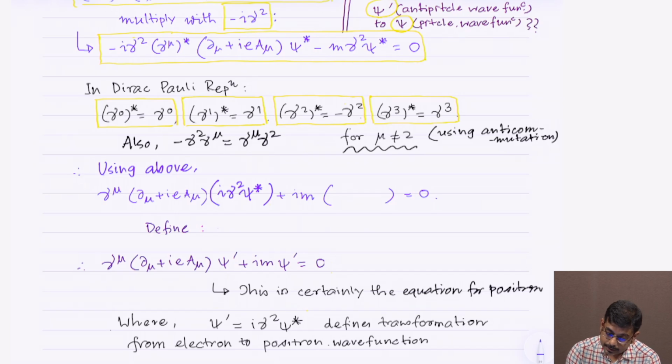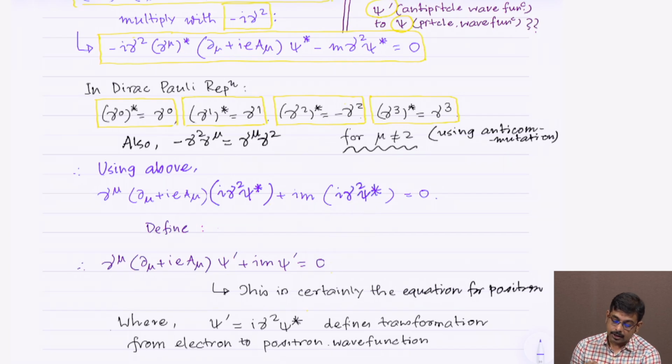And this last term, I can trade off this minus 1 to be i squared and take one i m common, and inside the bracket I have i m gamma 2 psi star.